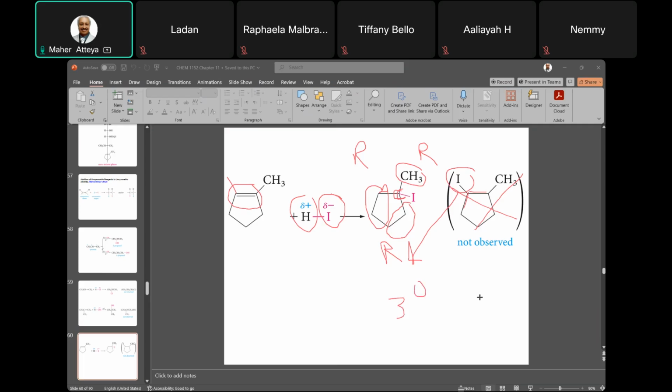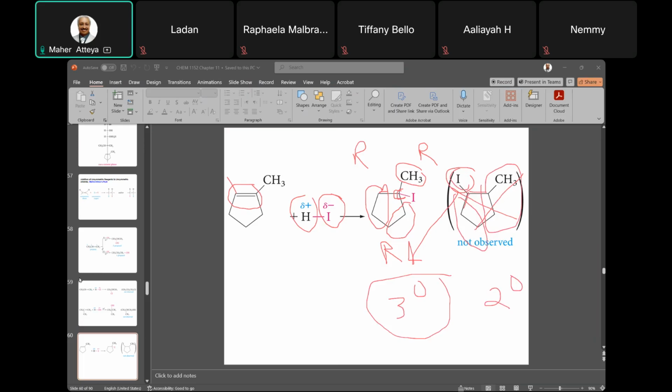carbocation. It's more stable. But this one here will be what? Secondary. Because then this carbon here will be connected to the rest of this molecule here and to the rest of the molecule here. That's two, that's secondary. So that's not observed. The tertiary is more stable than the secondary one.